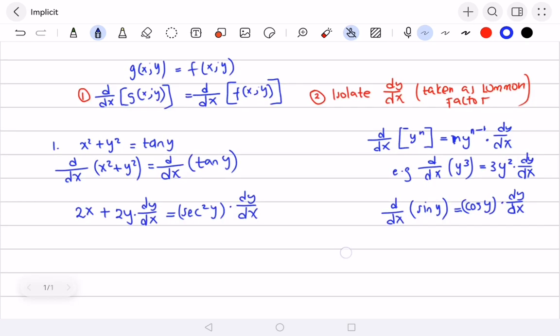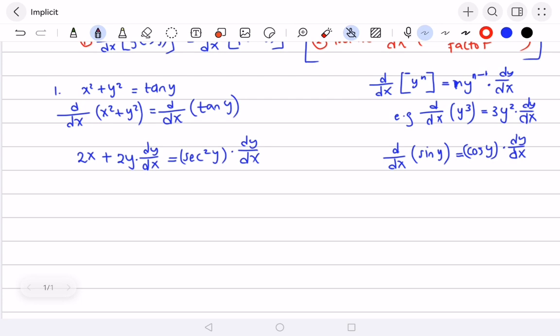Then step number two is where we say we have to isolate dy over dx. So you're going to look for terms containing dy over dx. This term contains dy over dx. This term contains dy over dx, and you're going to group them together. For me, preferably, I would say to the left-hand side.